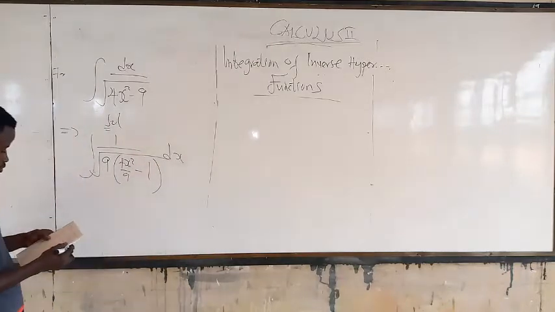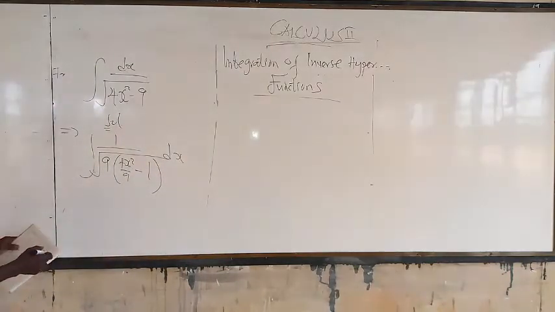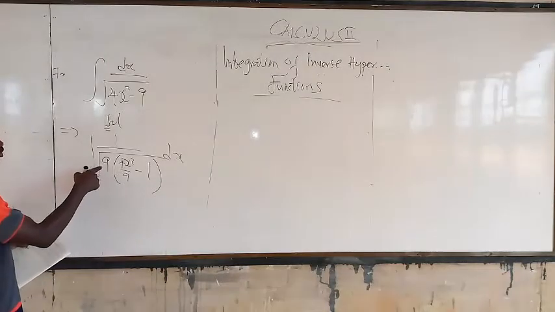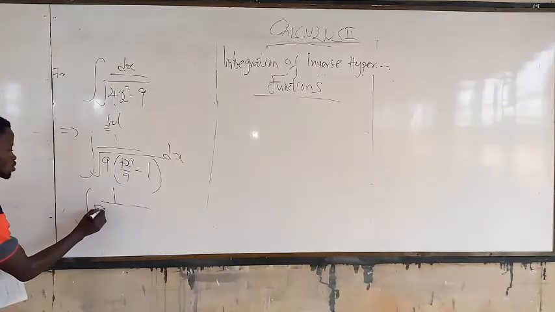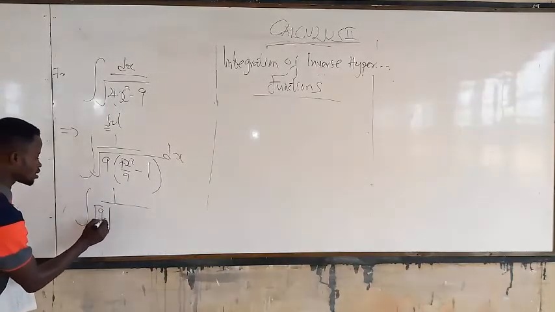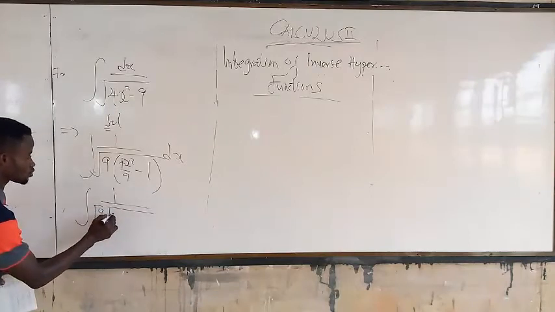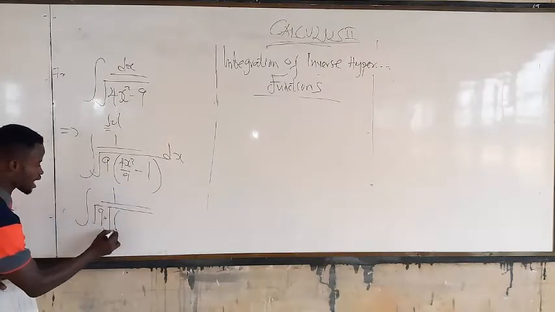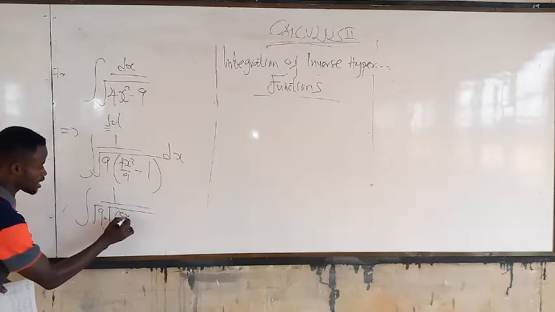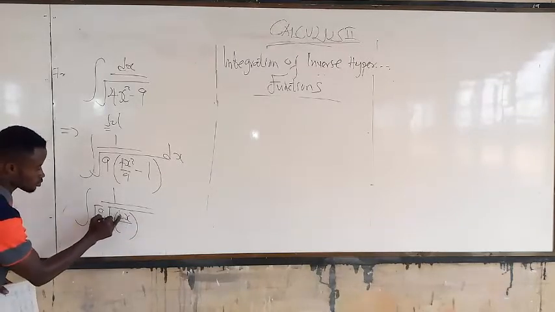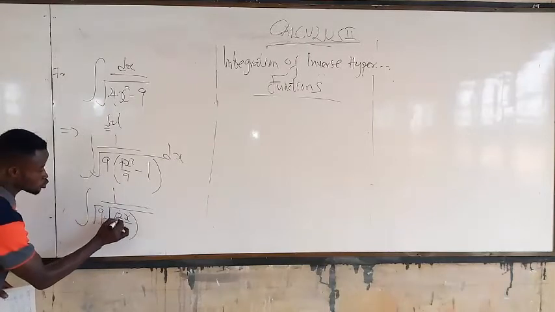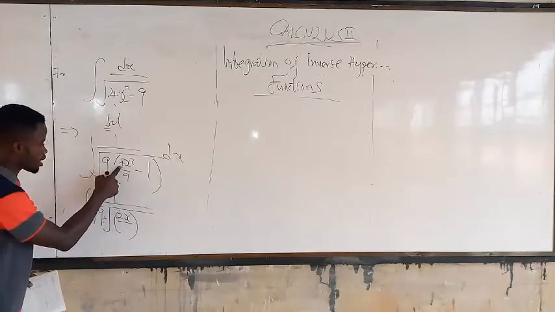Now we know that the square root of 9 times the square root of this is like this, algebra. We can write this as 3, and 4s squared is 2s all squared, because 2 squared is 4.